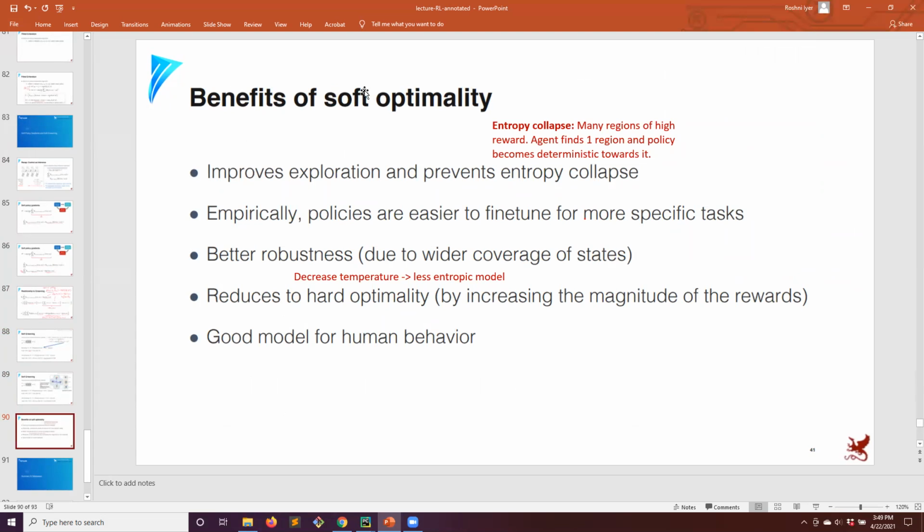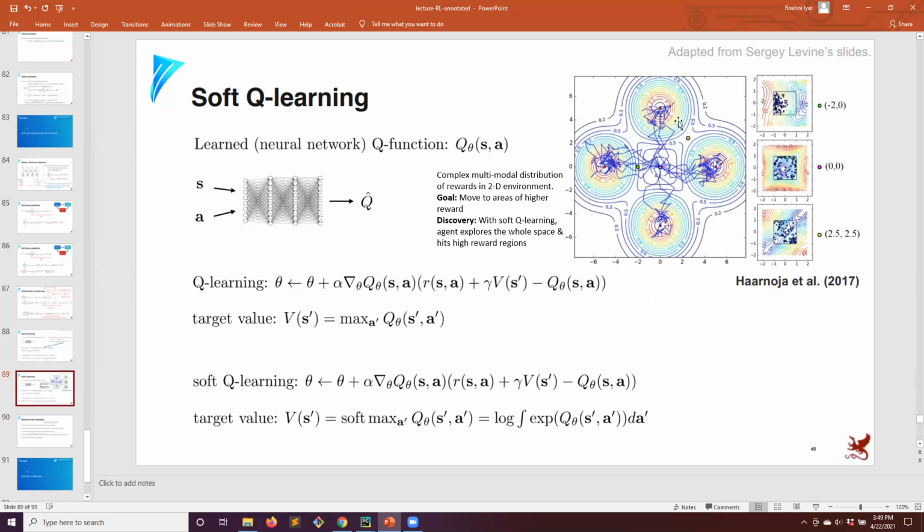So we see some benefits with this soft optimality, which is that it improves exploration like here, but it also prevents entropy collapse. What entropy collapse is, I hinted towards this before, but say we have an environment, like this one, that has many states of high reward. So in this case, there's 4. It's basically more than 1.